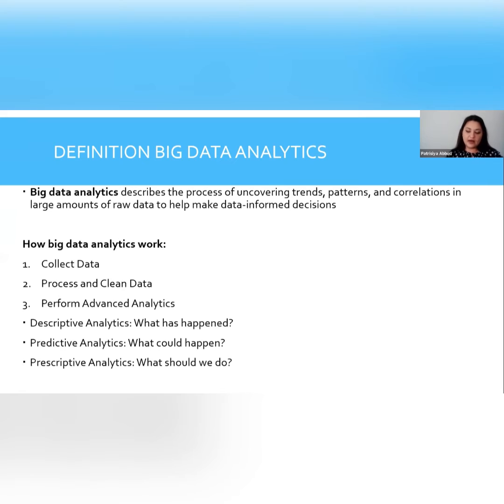Let's have a look at how big data analytics actually works. First, the data is collected from a variety of different sources. Depending on the organization, this can include survey responses, internet clickstream data, web server logs, social media content, and even data from sensors when we're talking about the Internet of Things.